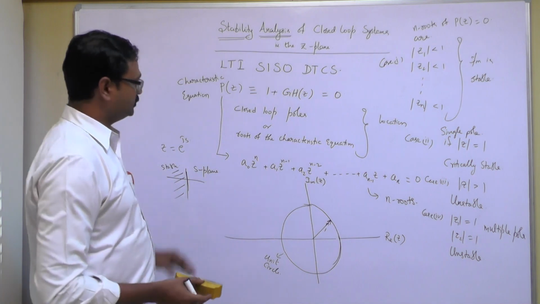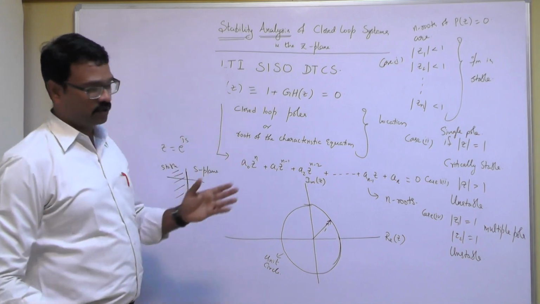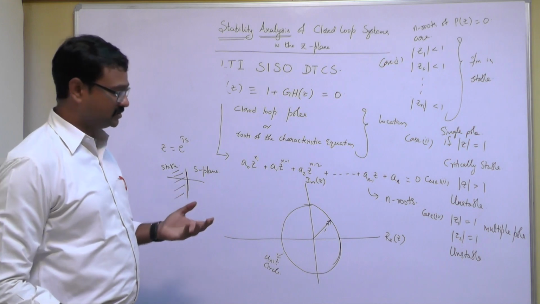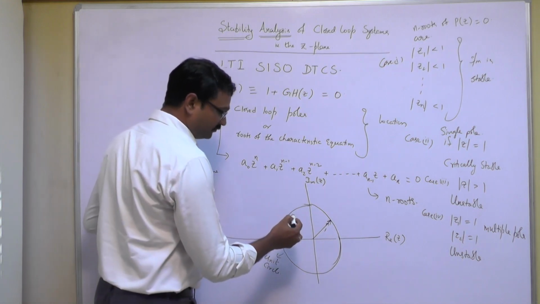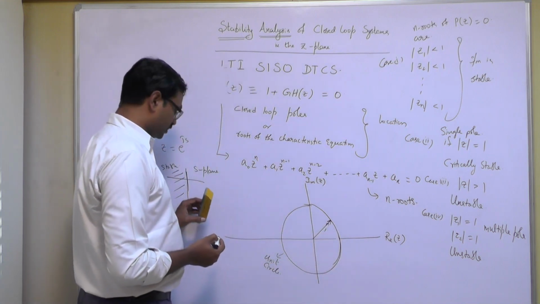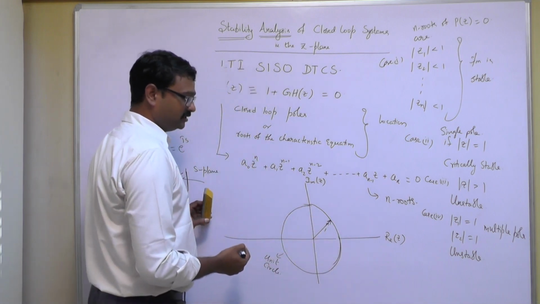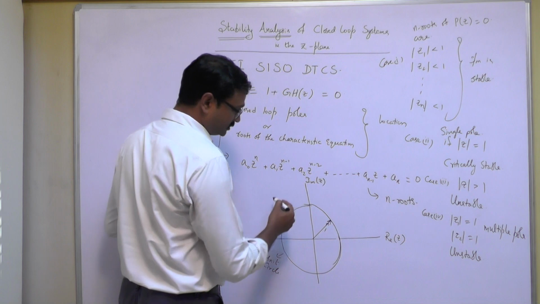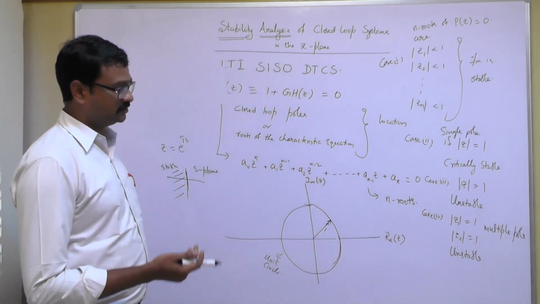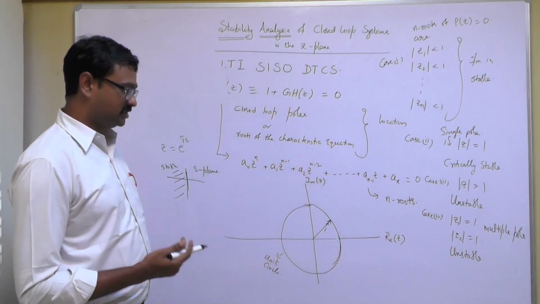So with this in mind, we will try to understand the various methods. Just the location of poles in the Z plane will give us the stability. In the previous class we discussed that poles lying inside the unit circle give a stable system, poles on the unit circle give a critically or marginally stable system, and poles outside the unit circle, that is mod Z greater than 1, give an unstable system.